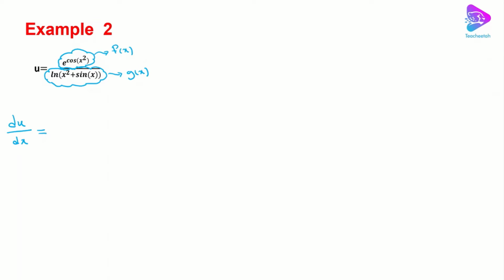So this is going to be minus 2x and then sin x squared times e to the power of cos x squared times the bottom function as it is. So we keep the bottom function as it is. So it's going to be ln of x squared plus sin x.